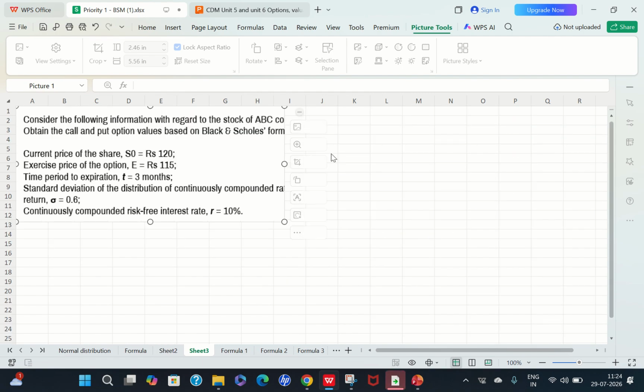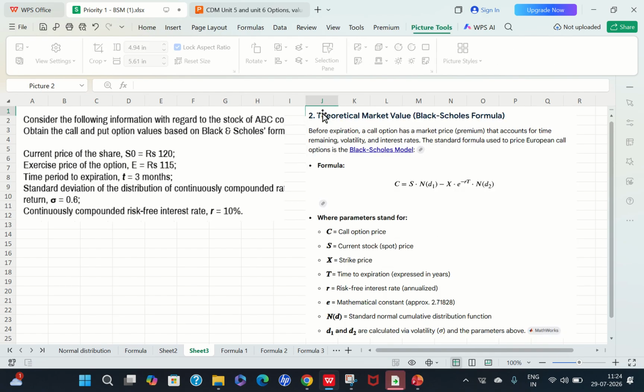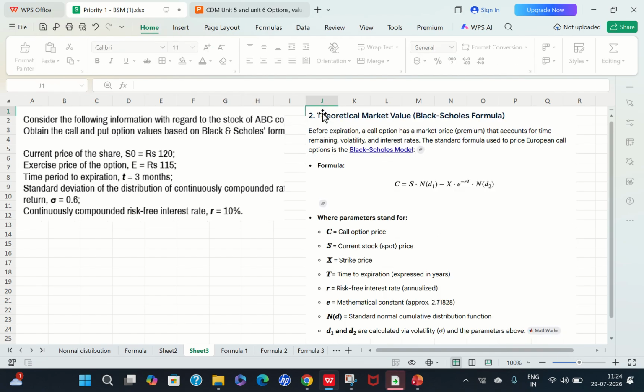Just incorporate the values and find out the answer. This is all more of a formula substitution. So the current price here is 120.